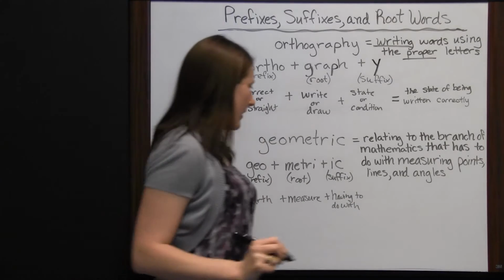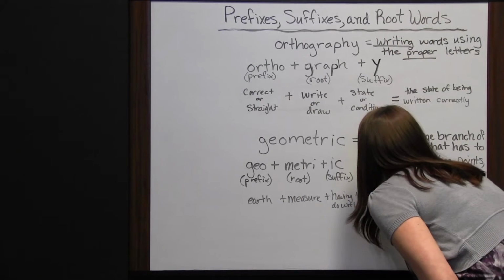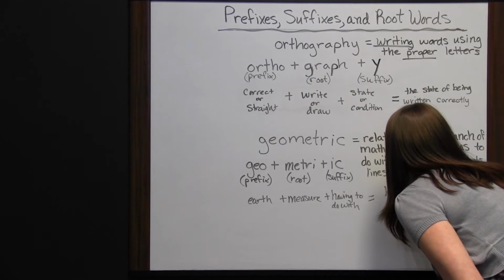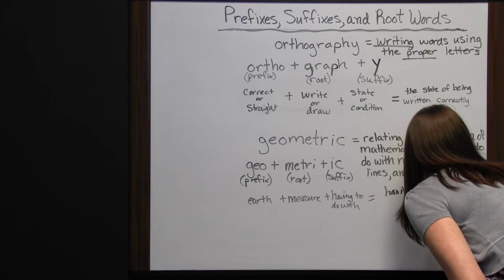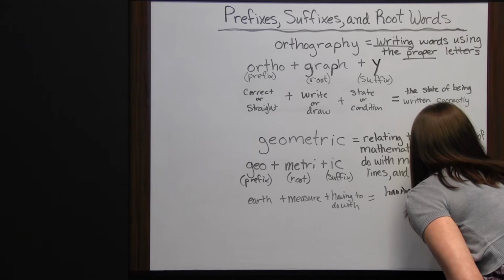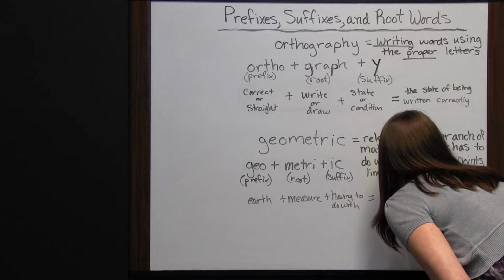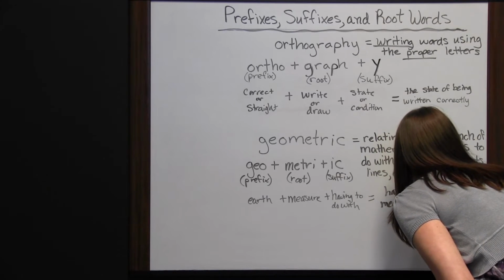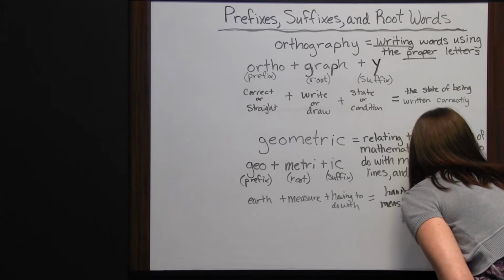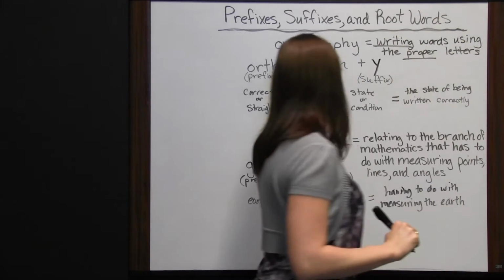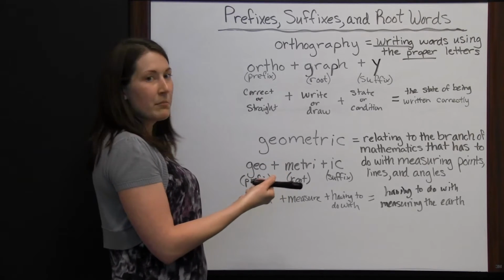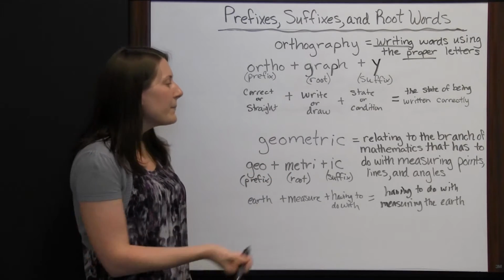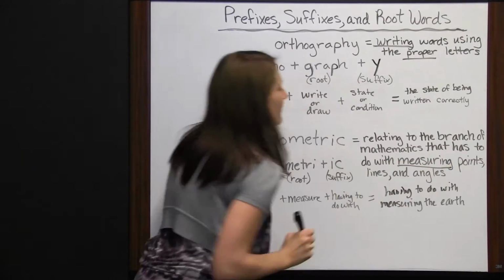So, if we put all of those together, we can come up with having to do with measuring the earth. Now this one isn't quite as close to the actual definition, relating to the branch of mathematics that has to do with measuring points, lines, and angles, but it does have measuring in there.